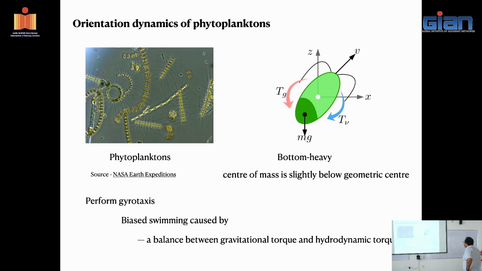Okay, so the center of mass is slightly below the geometric center. And they do a different kind of taxis, which is called gyrotaxis, which is biased swimming caused by a balance between gravitational torque and hydrodynamic torque.